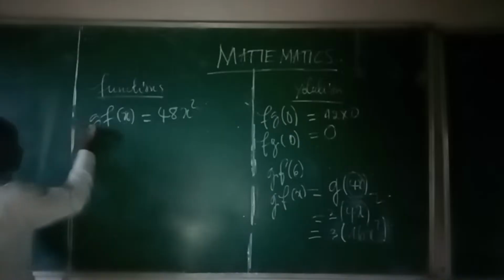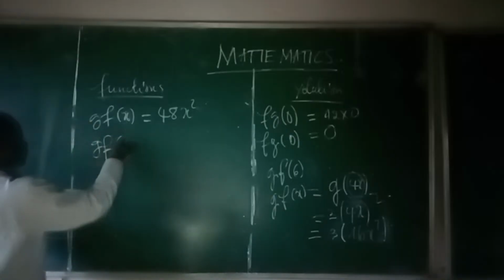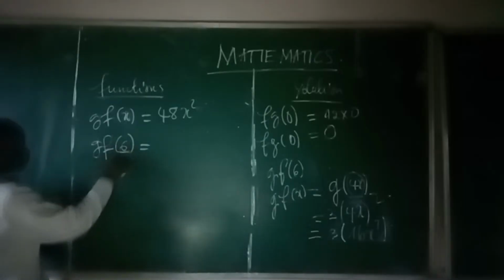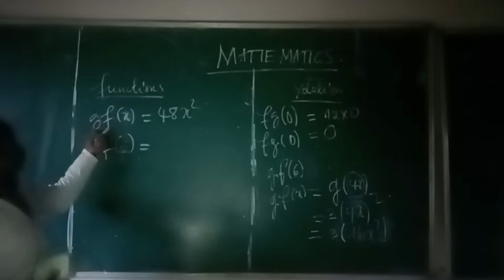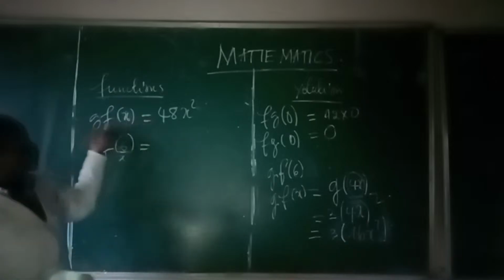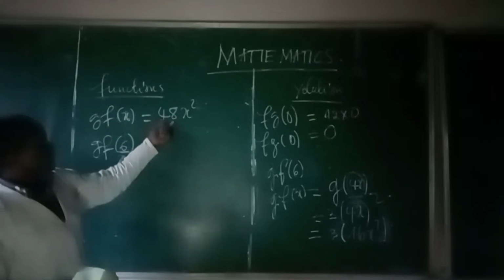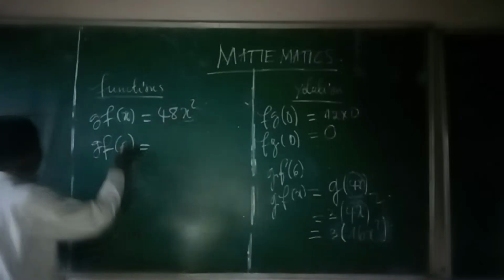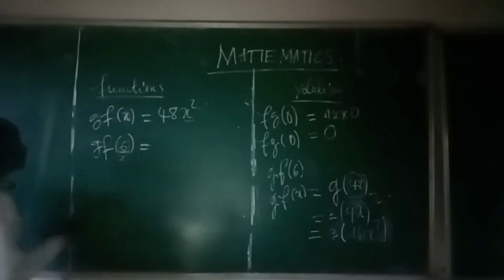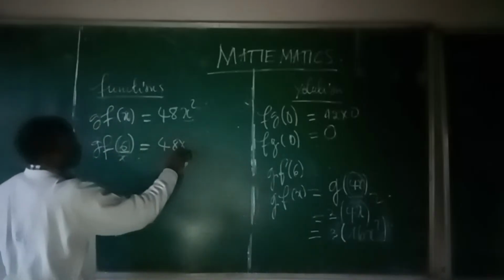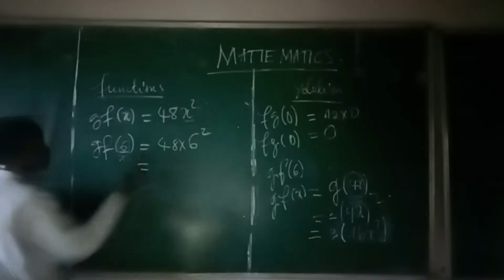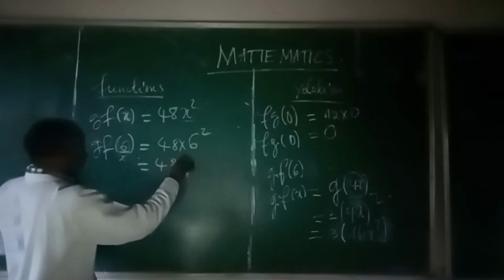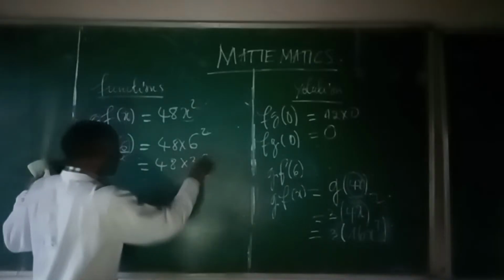Then you have been asked to find g of f of 6, which means this 6 is equal to x. In the combination of those two functions, it is 48x squared, where x is, we have to put this 6. Then we have 48 times 6 squared. Finally, we should have 48 times 36.